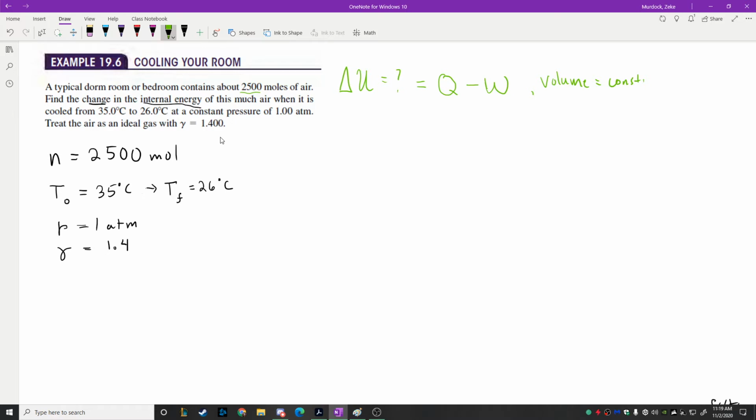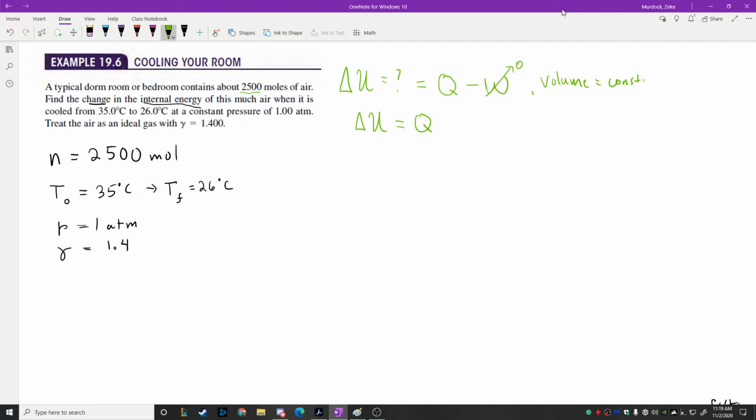Is it Q or W? It's W, right? The work done by the gas is directly related to the volume change. And if there's no volume change, that means delta U is just going to be equal to the heat exchange.